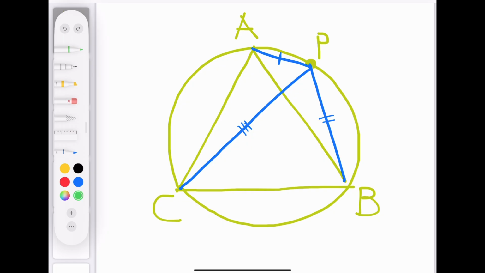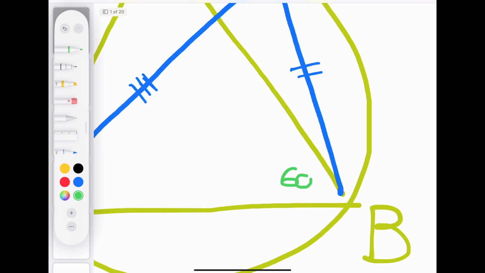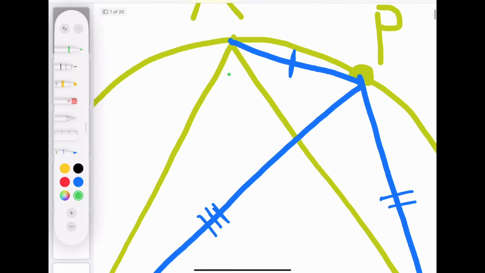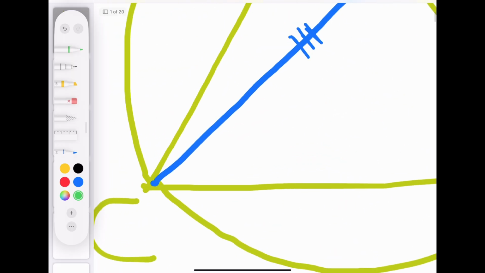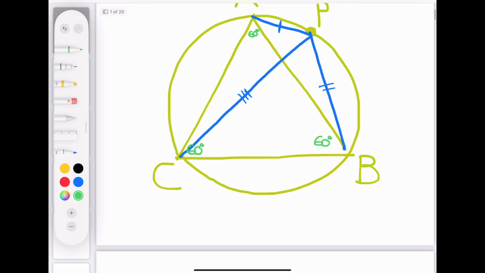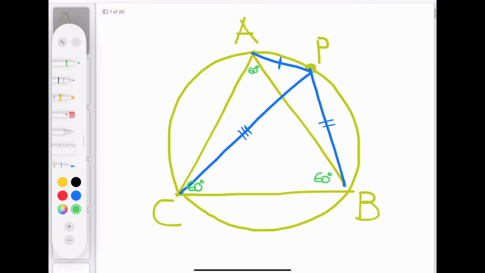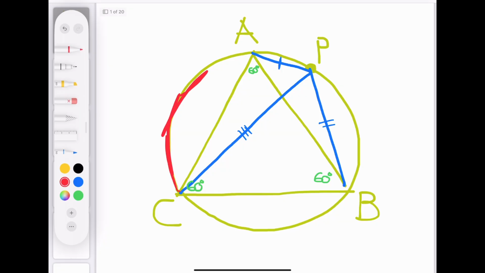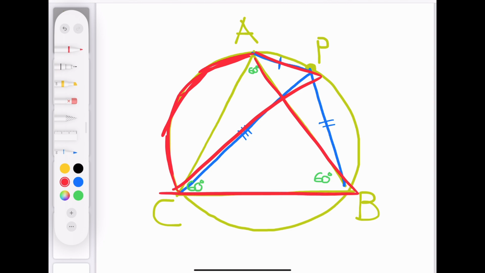So first, with these ideas in mind, since ABC is an equilateral triangle, all these angles are 60 degrees, right? And so if you look at arc AC, by the Star Trek lemma or the inscribed arc lemma or whatever it's called, you get that angle APC is equal to angle ABC because they point to the same arc on this circle.